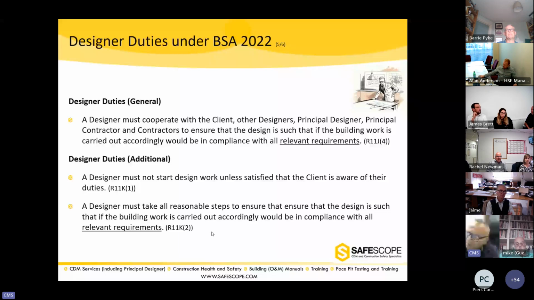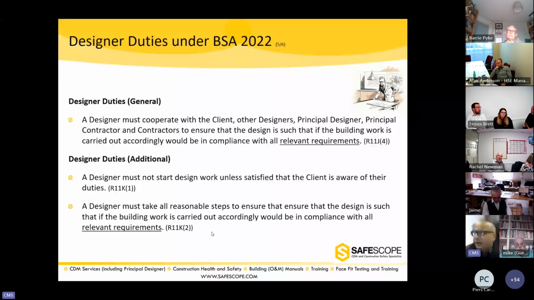And in effect, if we really go through it, there is already a contractual requirement on those designers anyway to ensure that their design complies with it. But under these regulations, criminal liability has also been placed onto the designers to ensure that their design complies with the building regulations as well.